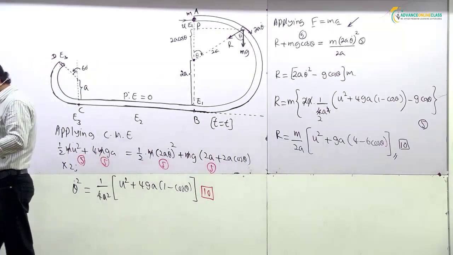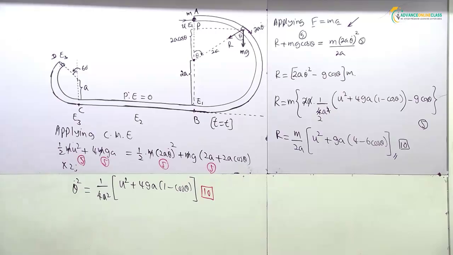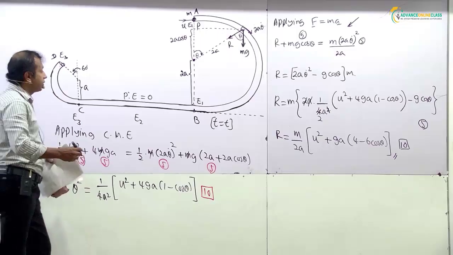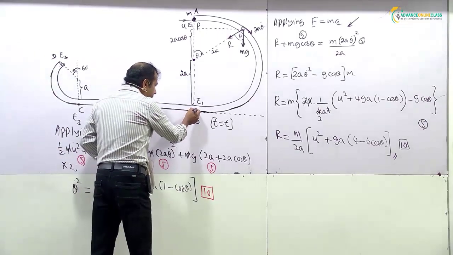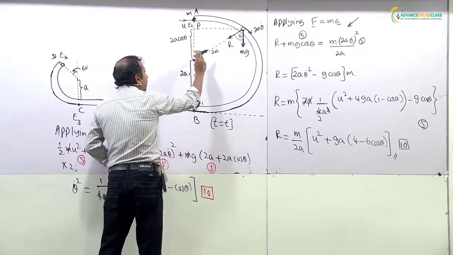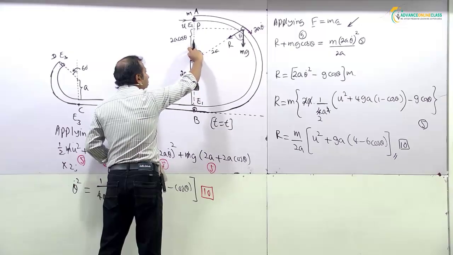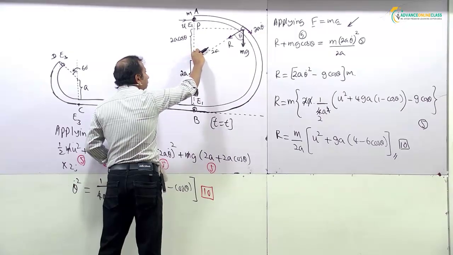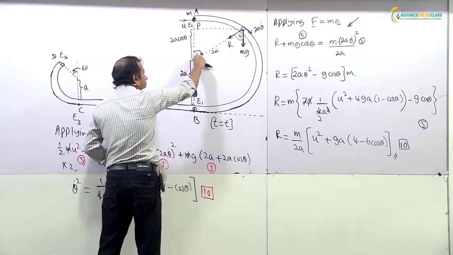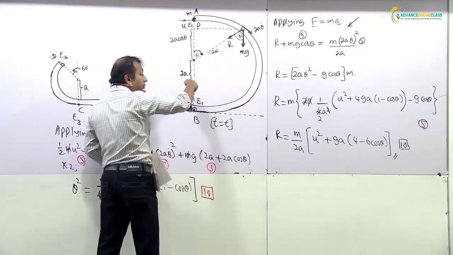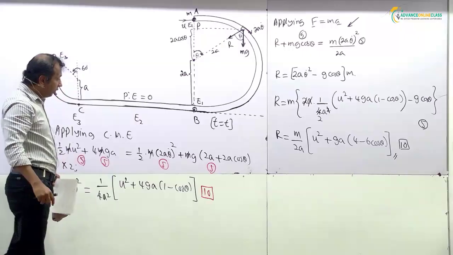Okay. Now what is it asking? Now let u equal root ga. Find the velocity of the particle at B. When the particle reaches the point B, it has turned through the angle theta. The theta will be equal to 180, no? Here, the particle comes this way, and when it comes to the point B like this, theta will be 180.